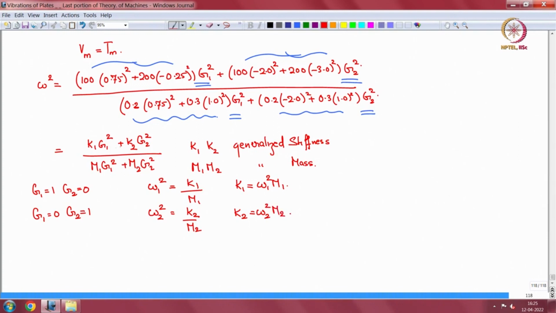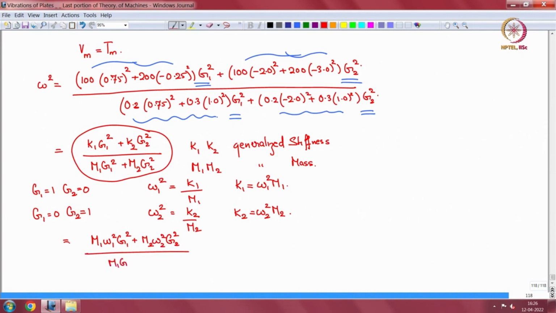So now this can be written as m1 omega 1 square g1 square plus m2 omega 2 square g2 square by m1 g1 square plus m2 g2 square. This is omega square. Now let me do it on the same page here.